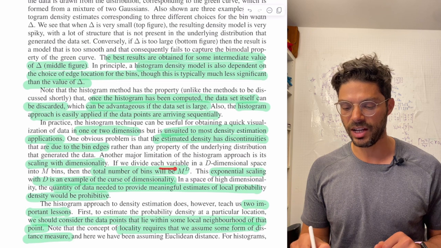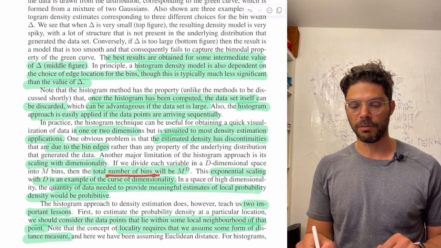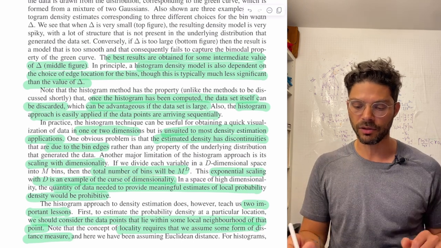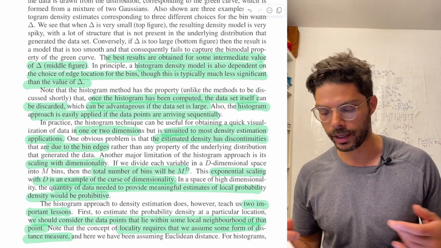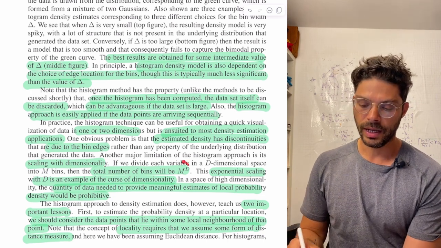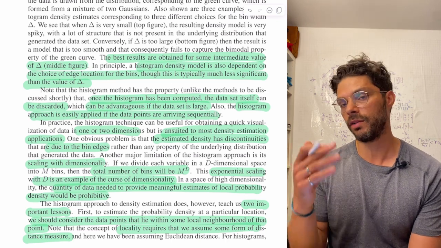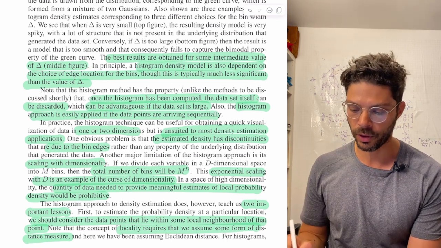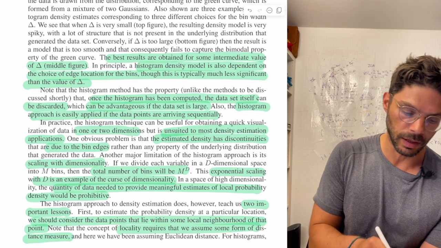If we divide each variable in a d-dimensional space into m bins, then there's m in each direction, so the total number of bins is m^D. It's very common to be working with 10, 100, even 1,000 dimensional data. What ends up happening is that you don't have enough data to fill most of those bins. This exponential scaling with D is an example of the curse of dimensionality.